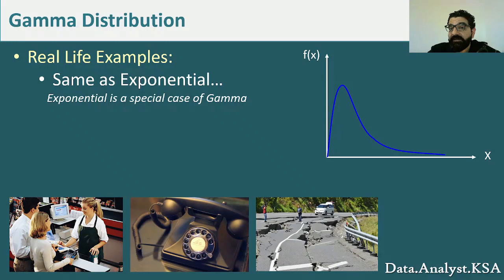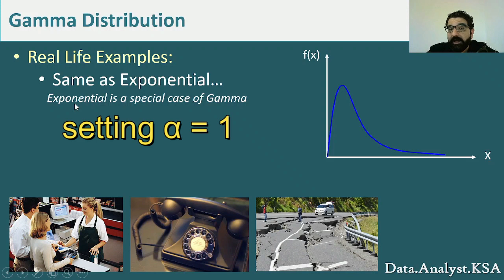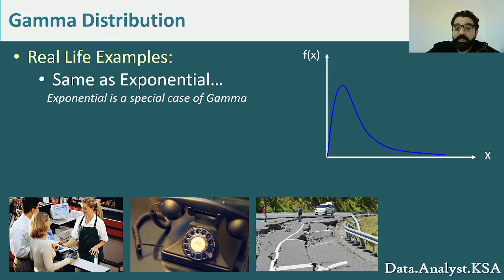It models the same things as the exponential distribution. It gives a slight flexibility with where I put my peak. So this tells us that the exponential distribution is a special case of gamma. Actually, you can get the exponential distribution by setting your alpha to specific values. So very commonly we will see that some distributions are special cases of others.